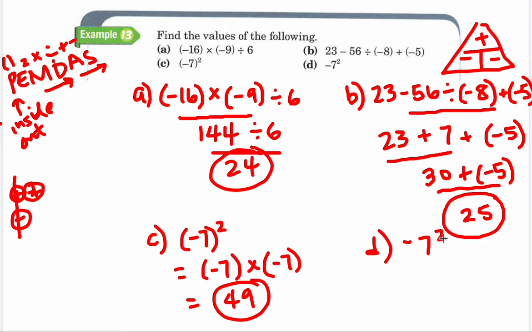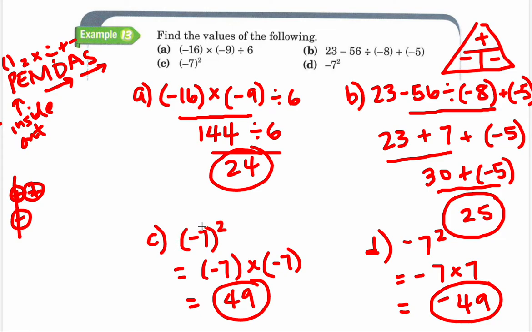So when I look at the square, I am just squaring the 7. So I have a negative, and then my 7 is being multiplied by itself, like that. That negative doesn't belong to the 7, but it still stays in the front here. So then I have a negative 7 now times a positive 7. Negative times positive is negative. So this answer is negative 49.